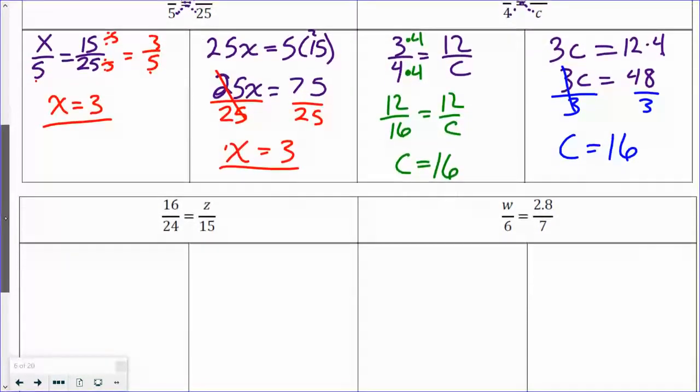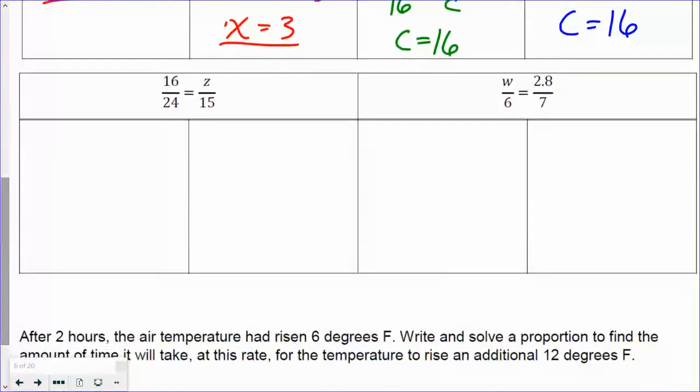Let's go down to the other two. Okay, 16 and 24. Those are some really hard numbers. They're a little bit larger. So what I really want to reduce, I don't know how to get 24 to 15 with a multiplication or division.